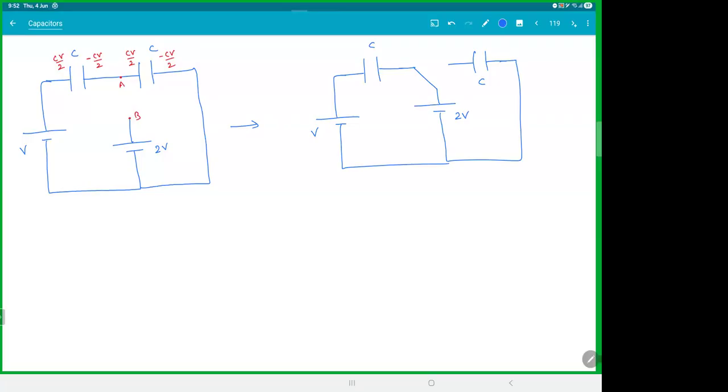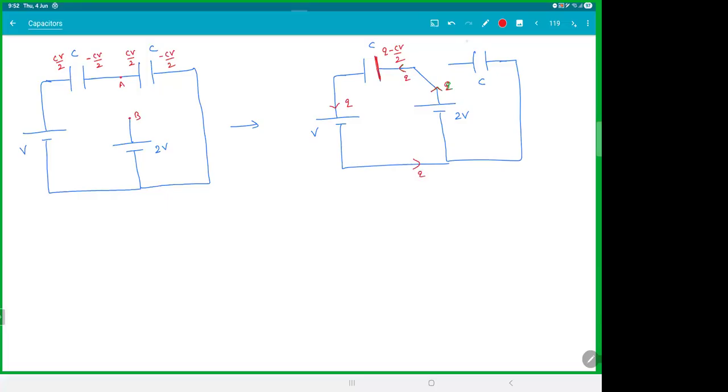Now, because of this, something will happen, and we don't know how much charge will flow. So let Q charge flow from the battery. Now, if Q is flowing here, you already have minus CV by 2 here, so this charge will become Q minus CV by 2. Q will go into this battery and Q will come back to this. So this Q is flowing round and round and comes back here.